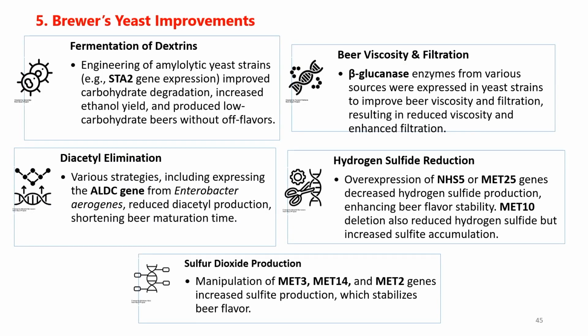Some of the improvements in brewer's yeast are as follows: the fermentation of dextrins, engineering of amylolytic yeast strains, for example STA2 gene expression, improved carbohydrate degradation, increased ethanol yield and produced low carbohydrate beers without off flavors.